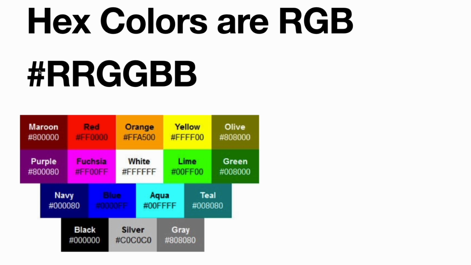So you may see a six-digit number-letter combination for hex colors like these right here. The first two represent R for red, the second two are for green, and the last two are for blue. And we're using hexadecimal numbers, so 0 to 9 and then A through F. F is the highest you can go, so FF is the highest.